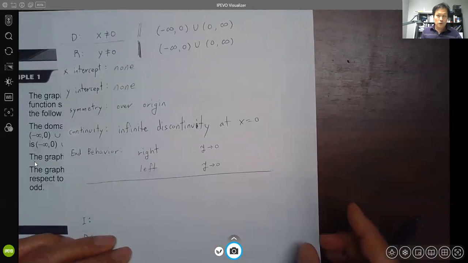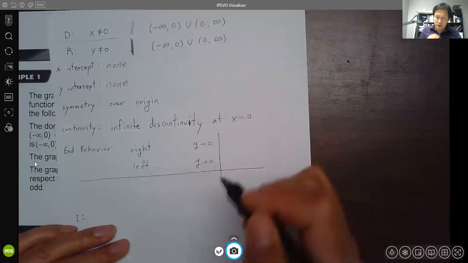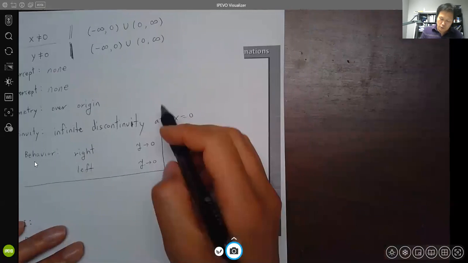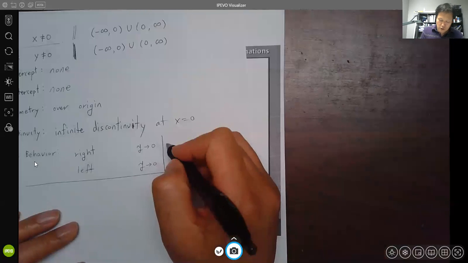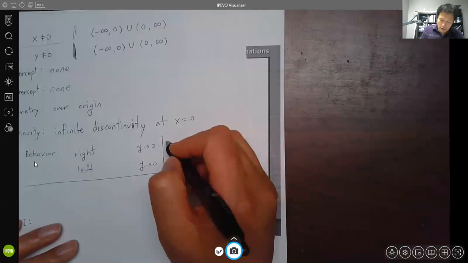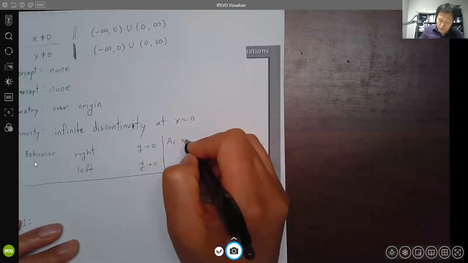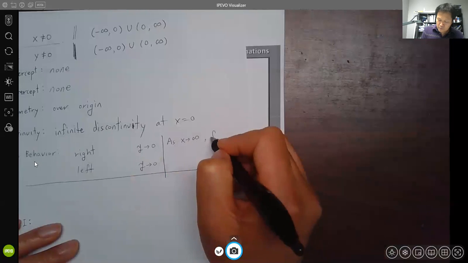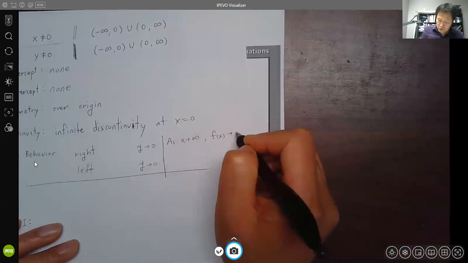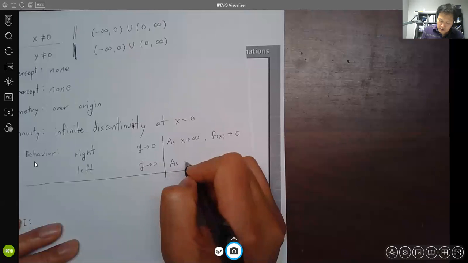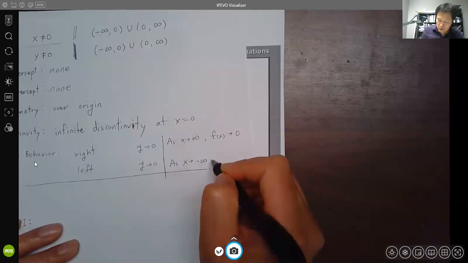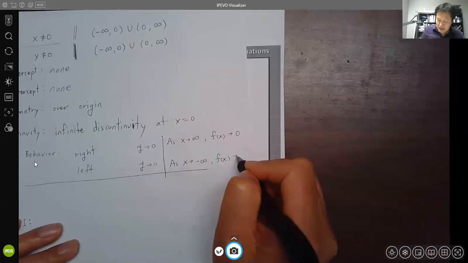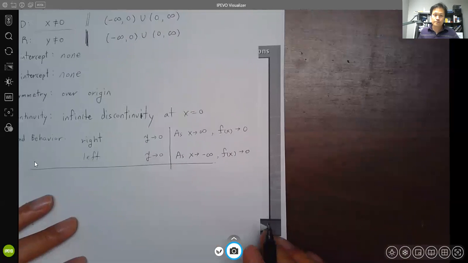So be careful how you express this notation. In Algebra 2, we learned that as x approaches infinity, f of x approaches 0. As x approaches minus infinity, f of x approaches 0. That's how we did it in Algebra 2.